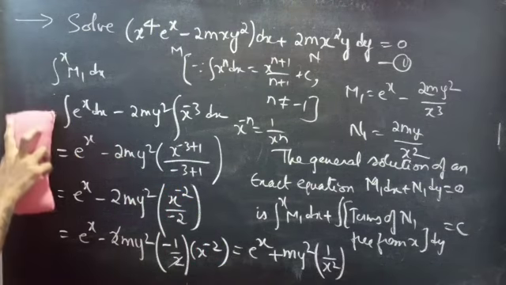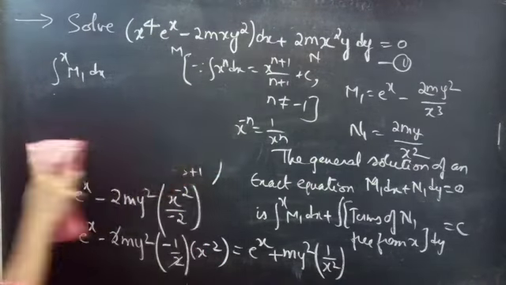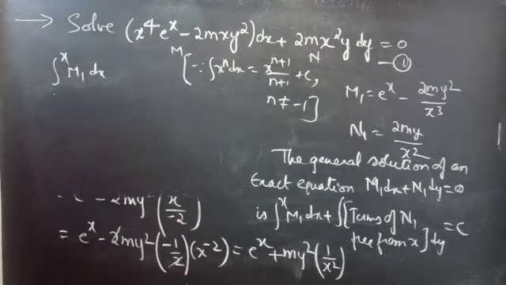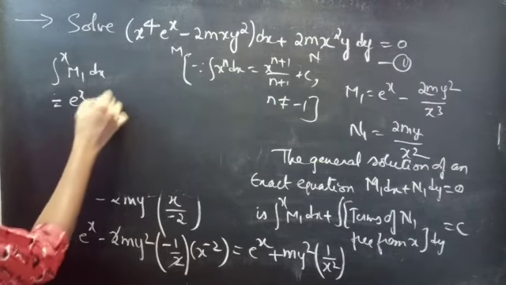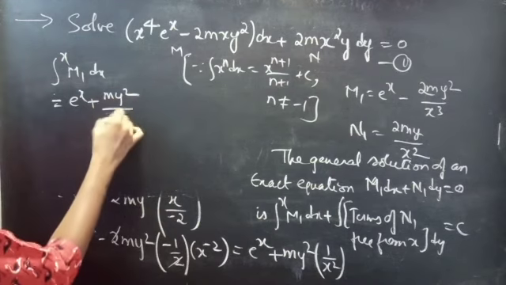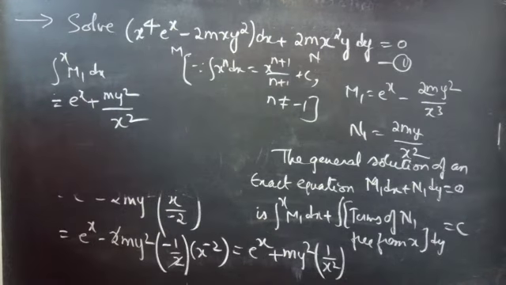Then this becomes e power x plus my square by x square.